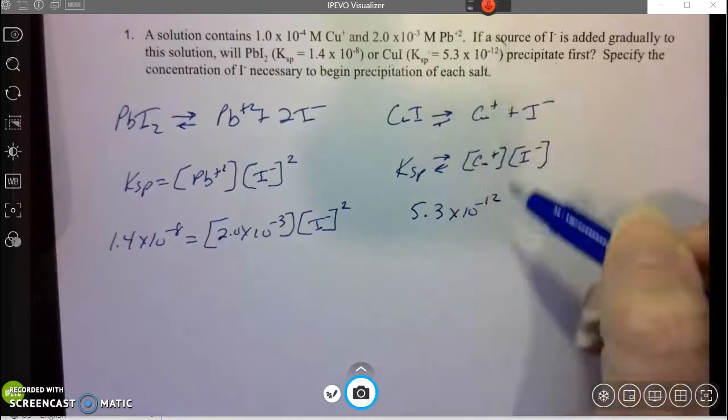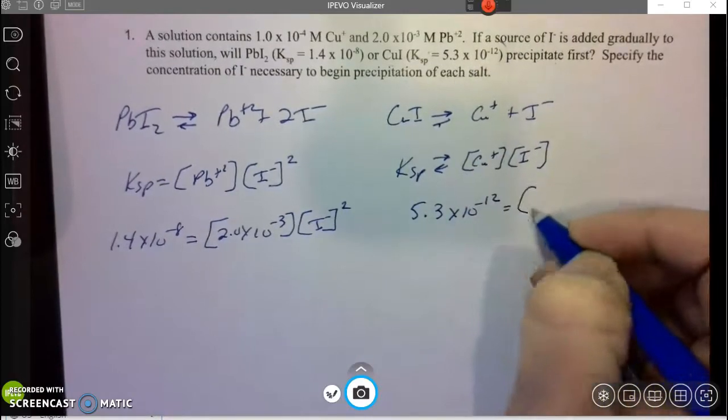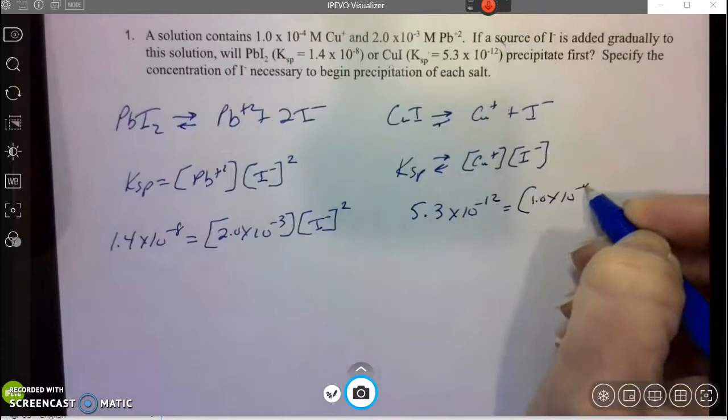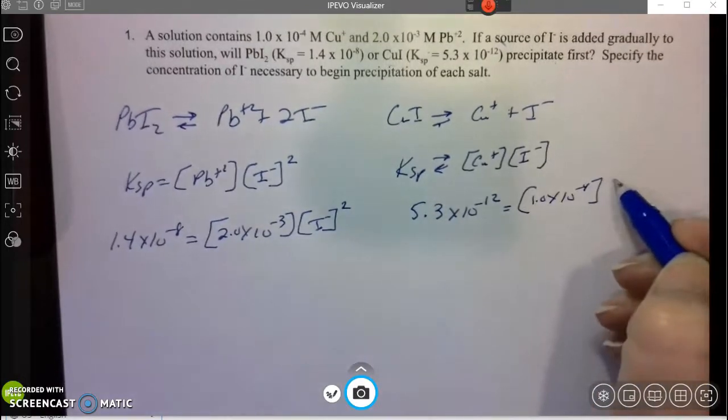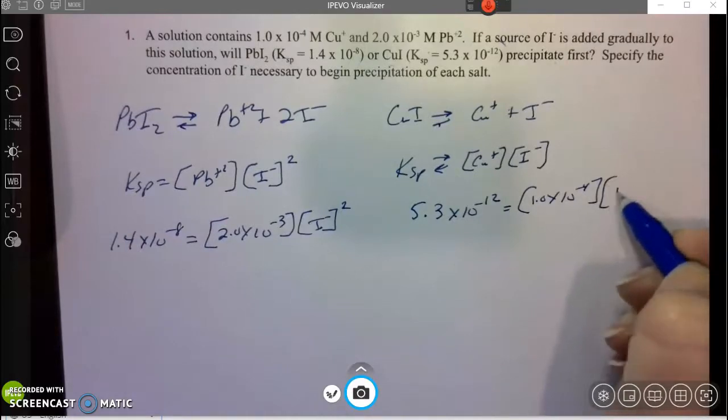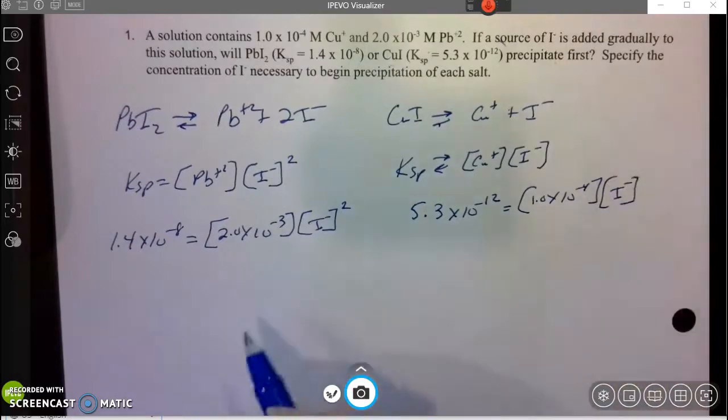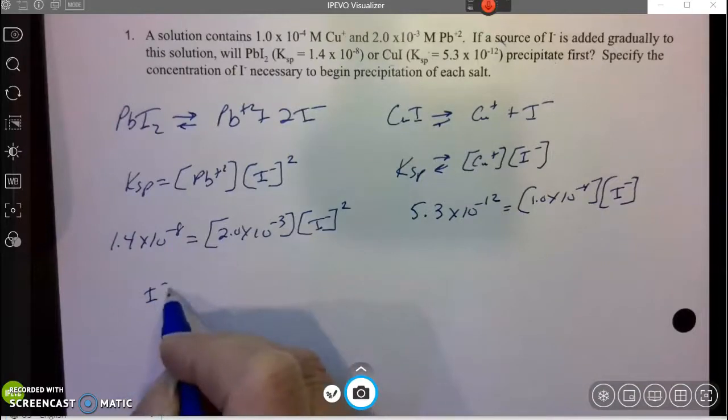And then I'm going to substitute in for Cu, my 1.0 times 10 to the negative 4th, and my I minus concentration. So I'm just solving for I minus in both of those.